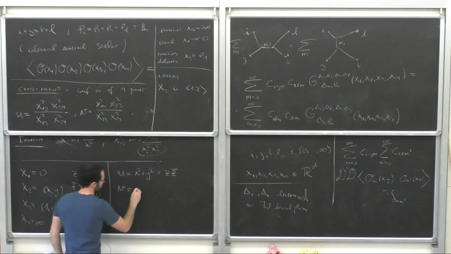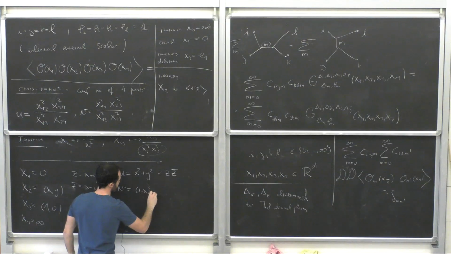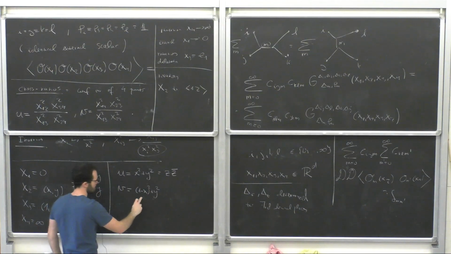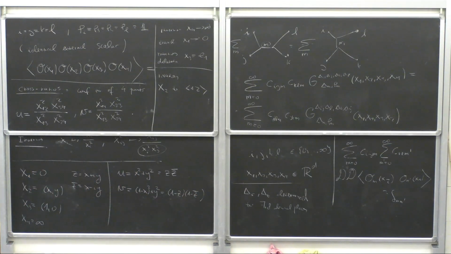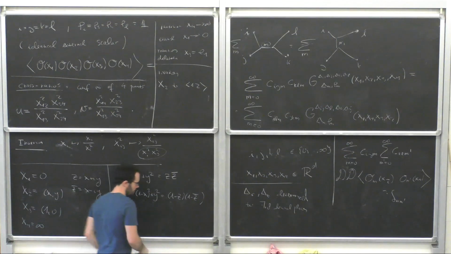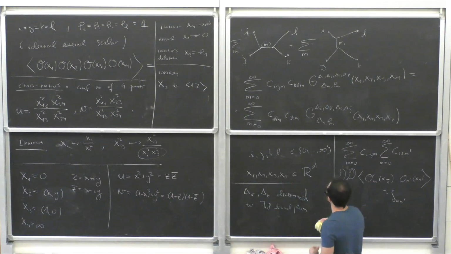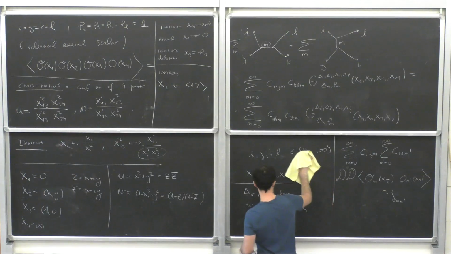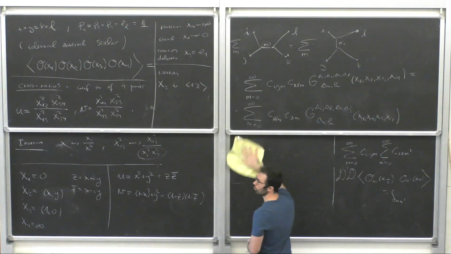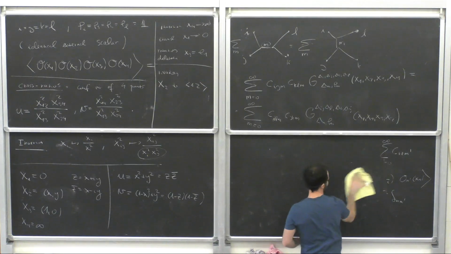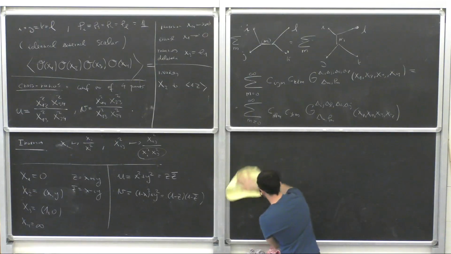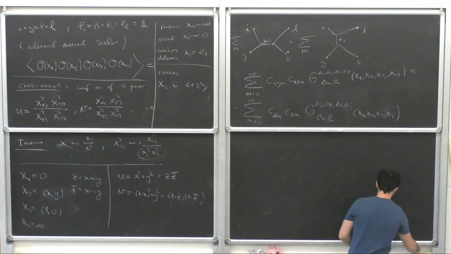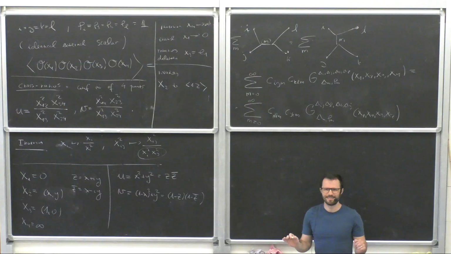So v becomes (1 minus x) squared plus y squared, which is the distance between x2 and x3. And that's the same thing as (1 minus z)(1 minus z bar). Okay? Any questions?